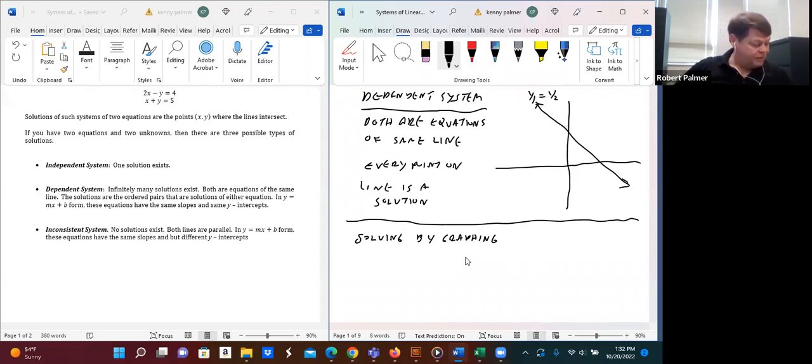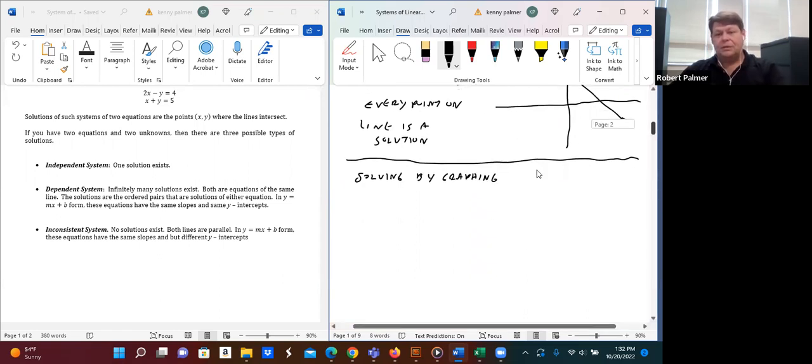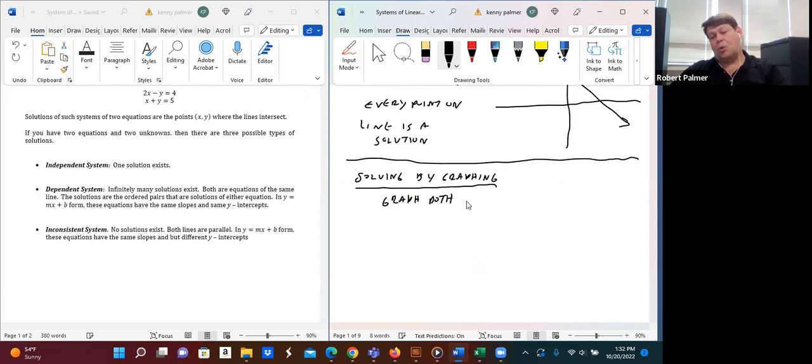What that means is, let's look at an example: you graph both lines and find where they intersect.